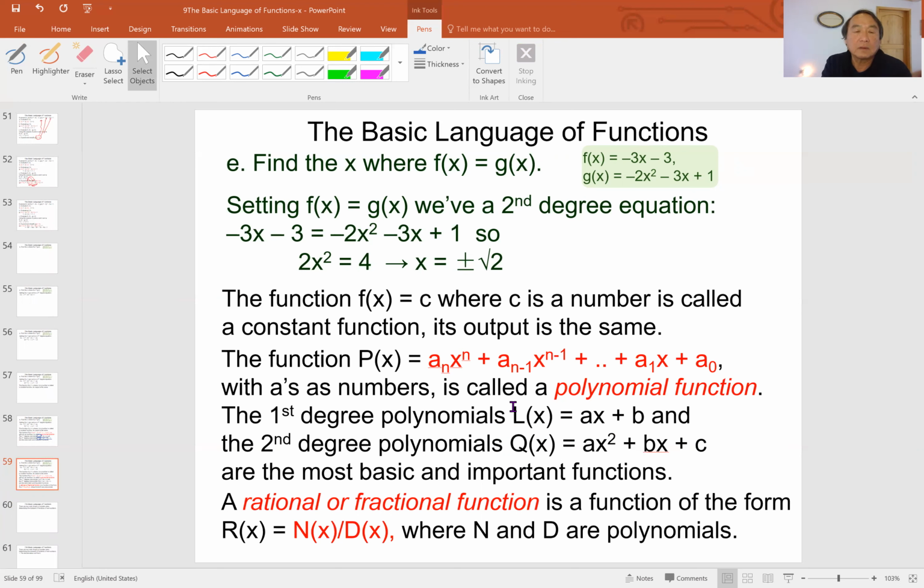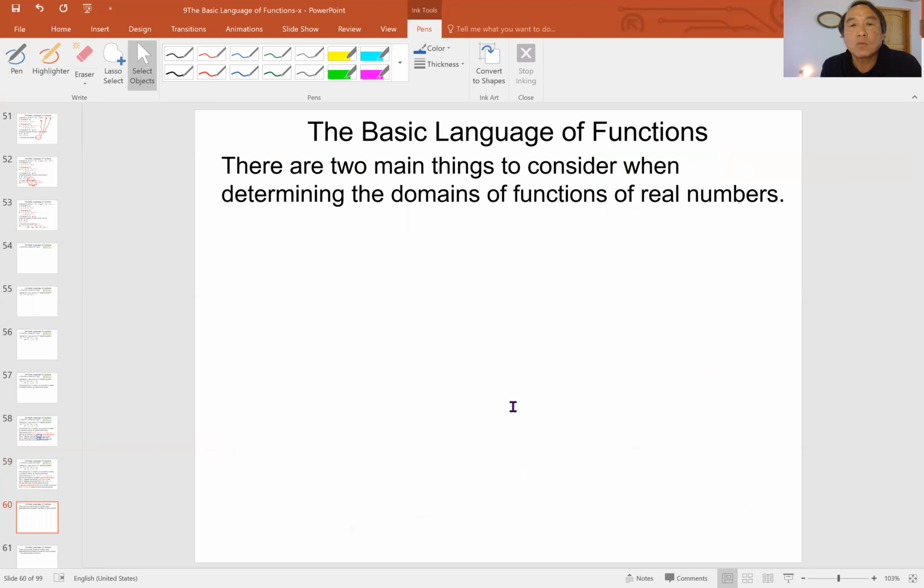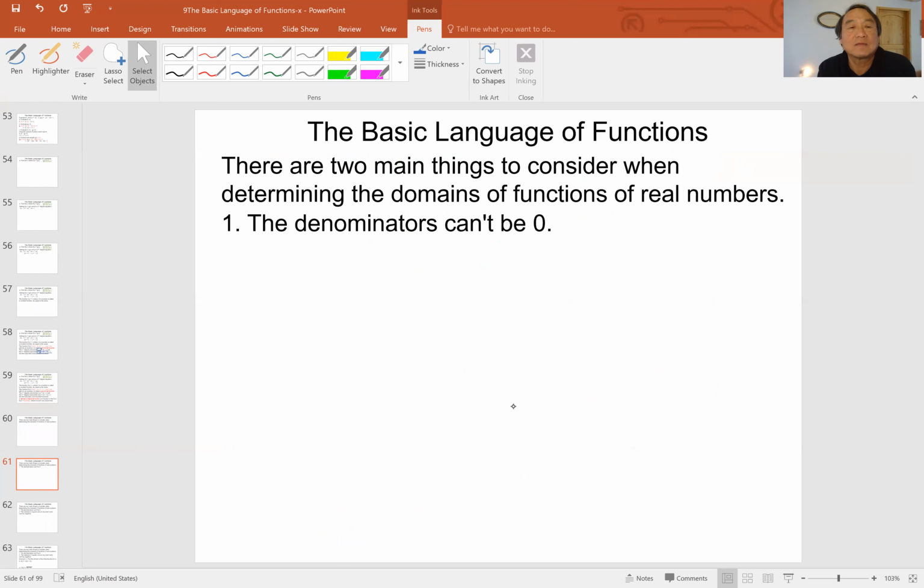And we also deal with fractions of polynomials of these types. When we talk about formulas, there are two things we have to watch out for. The domain is the first thing. If I have a fraction, the denominator cannot be 0.